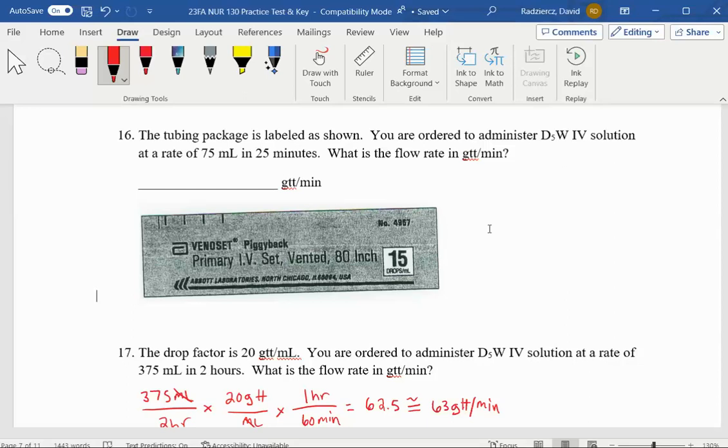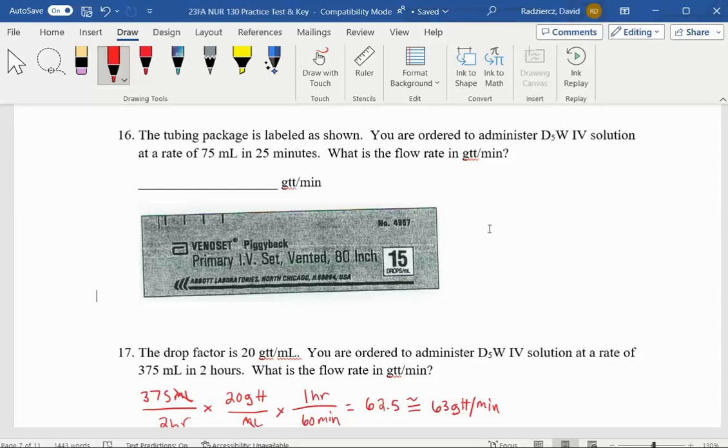I know for a fact you won't see that on your dosage calc tests at Allegheny campus, but you could see it on ATI and NCLEX, which is why I'm mentioning it to you. So if they're looking for a drop rate and they don't give you the drop factor, look for the word microtubing.